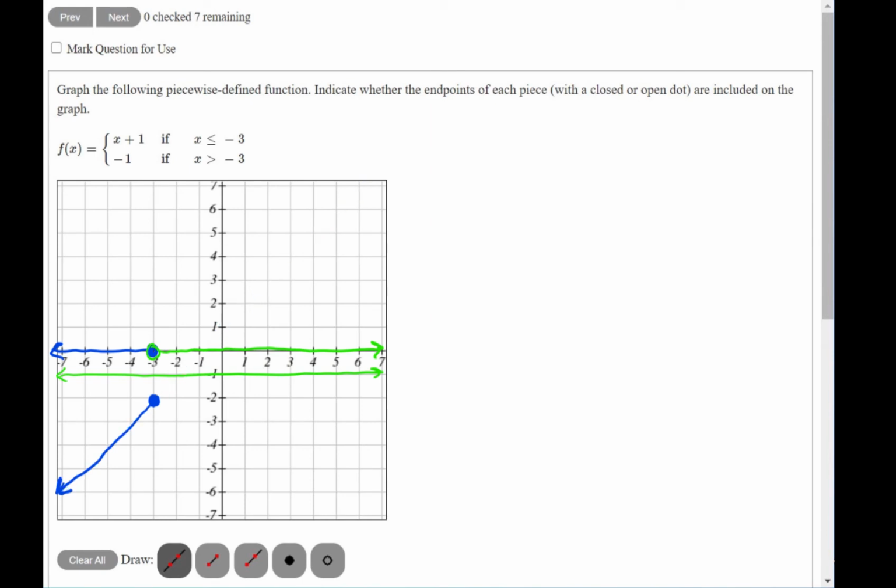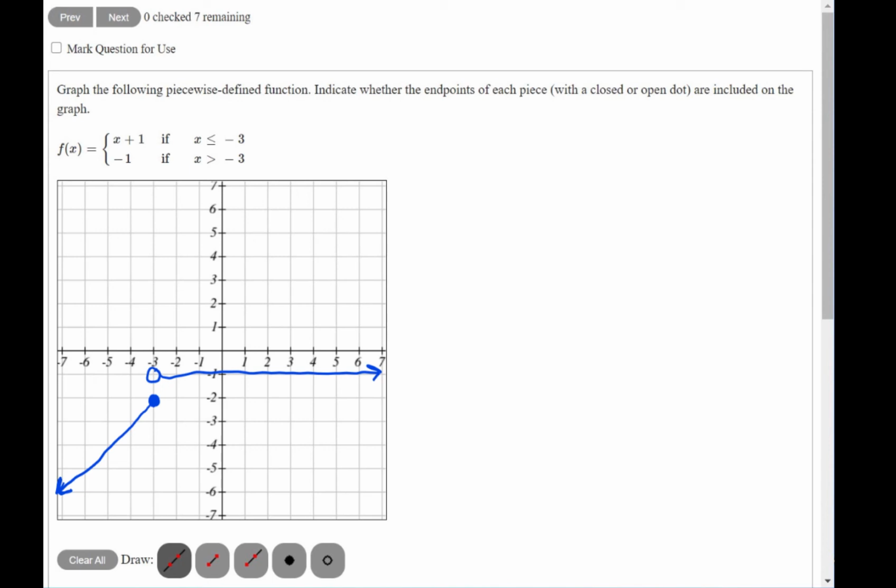When it comes to the horizontal line at -1, the domain starts at -3 and goes to +infinity. So only these points exist. None of these back here exist, so those go away. So in effect, this is what my graph actually looks like here. And it does pass the vertical line test at every single point.